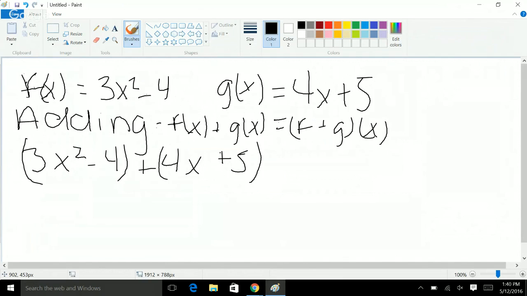Since 3x squared doesn't have anything to add to, it would just be 3x squared, and so does the 4x, so 4x, and then negative 4 plus 5 would be plus 1, and that would be your answer for adding.